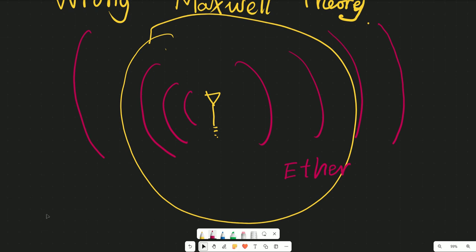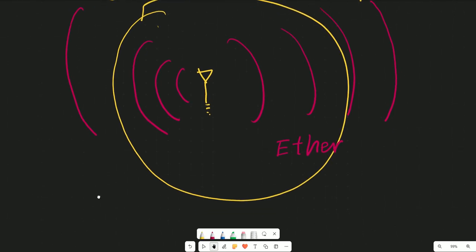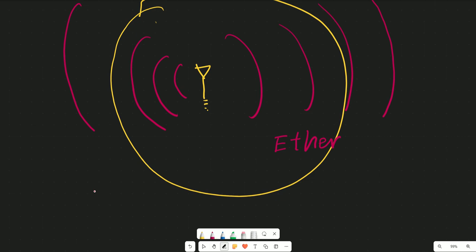So in Maxwell theory, there always they have a Poynting theorem. The gamma here is a surface.